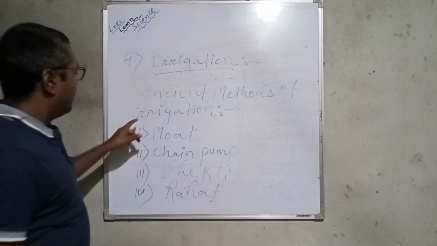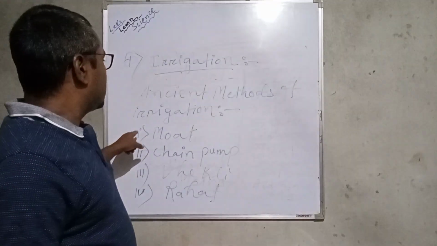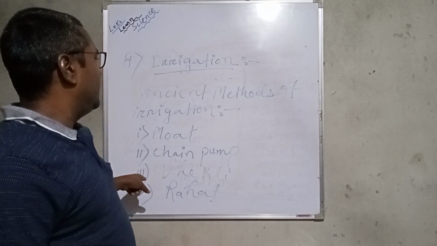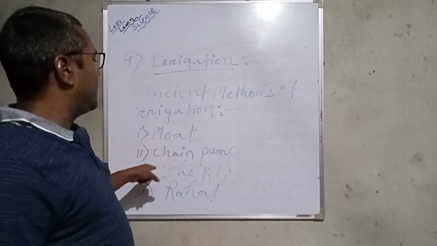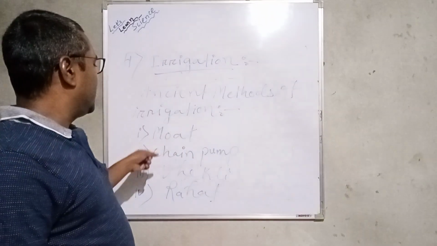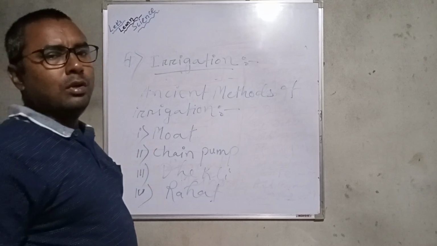So these are the four methods of watering the agricultural field. But what type of method? Ancient method, by which ancient people used to give water to their agricultural field using these four methods.